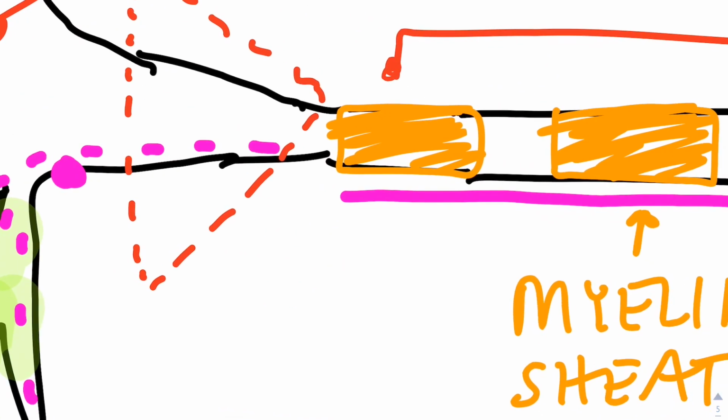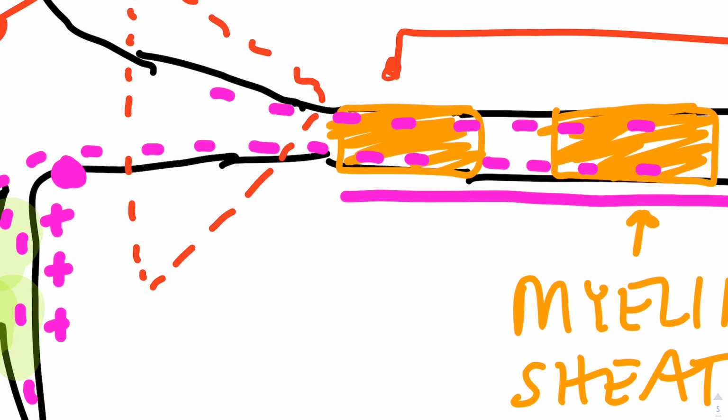All the way down the axon, negative, negative along the edges, both sides. And then likewise on the outside along the edge of the cell membrane, it's positive, positive. We're slight positive outside along the edges, slight negative inside along the edges.